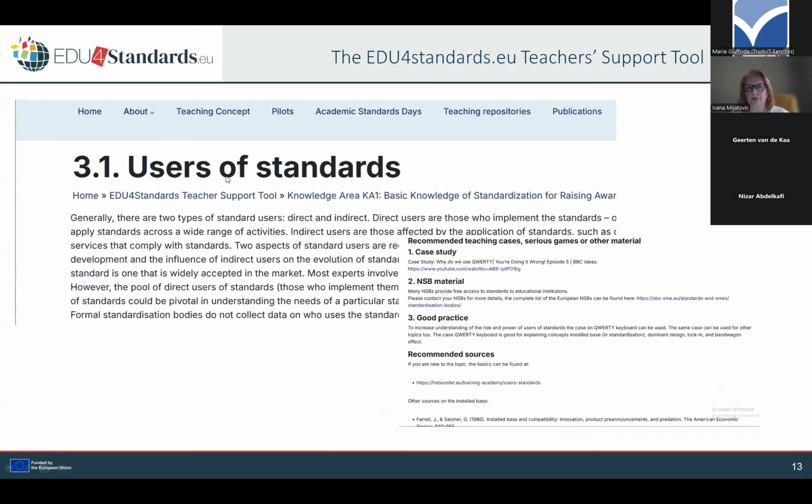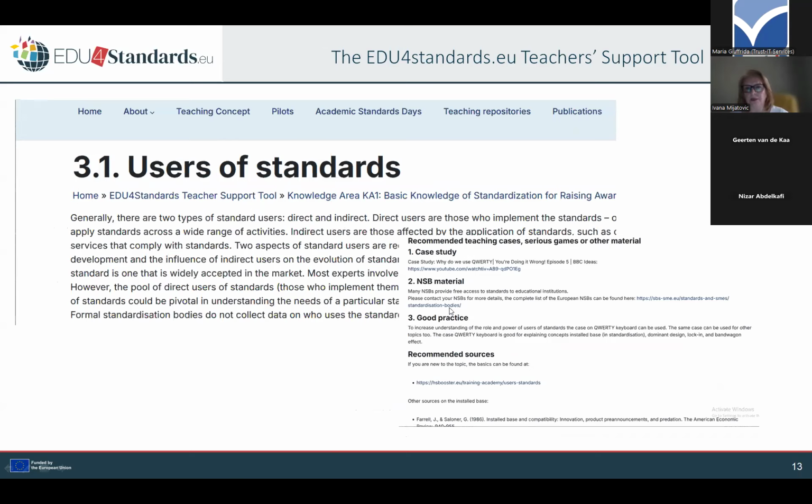For example, for the topic users of standards, there is a short explanation of why this topic is important and what the key aspects of that topic are. There is some connection with intended learning outcomes, and you can find recommended teaching cases, serious games, and other materials, as well as good practice.